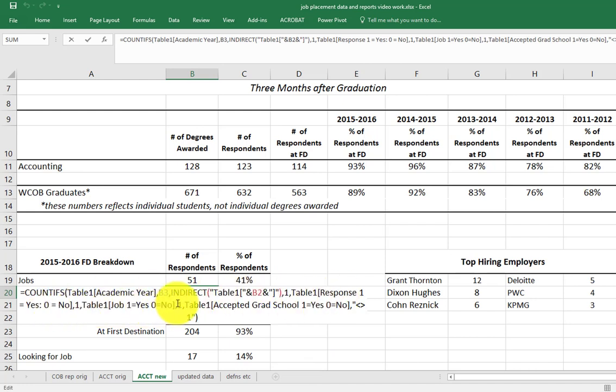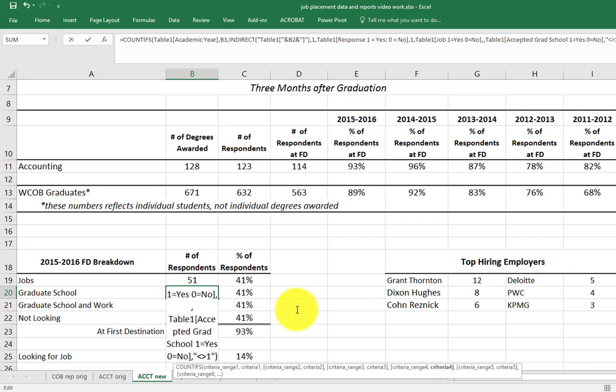So graduate school. Okay. So think about what we've got here. All right. Okay, that's the same. Table 1 job. So this will just be folks going to graduate school. So we'll set that to, I'm being cautious here, not equal to 1.